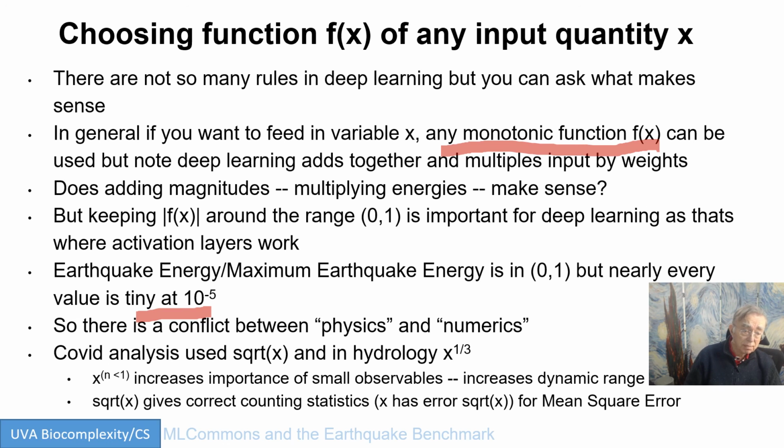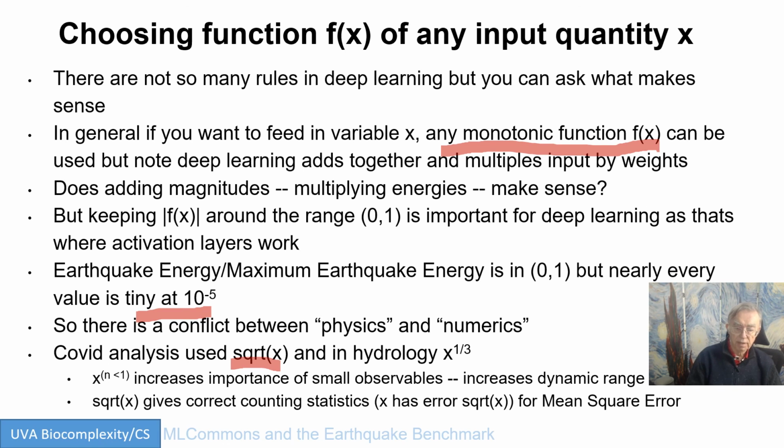Other types of problems you also face with this issue, but it's not as dramatic. Like when I did the hydrology analysis, we used x to the 1/3. If you have an input, you can look at how it varies, because you want to try to get all the data in a reasonable range, with a decent dynamic range, and you just choose the power n.